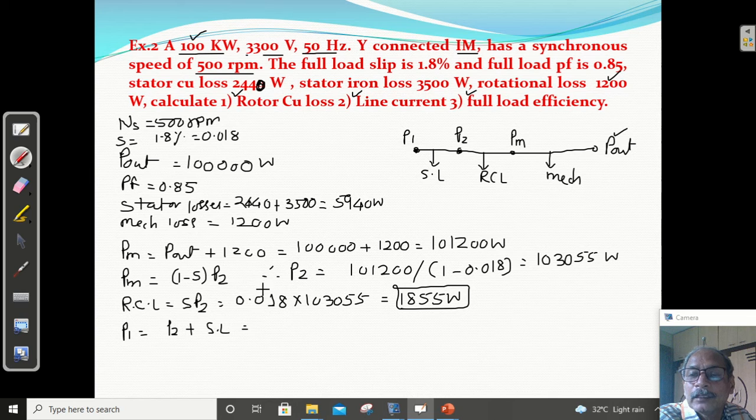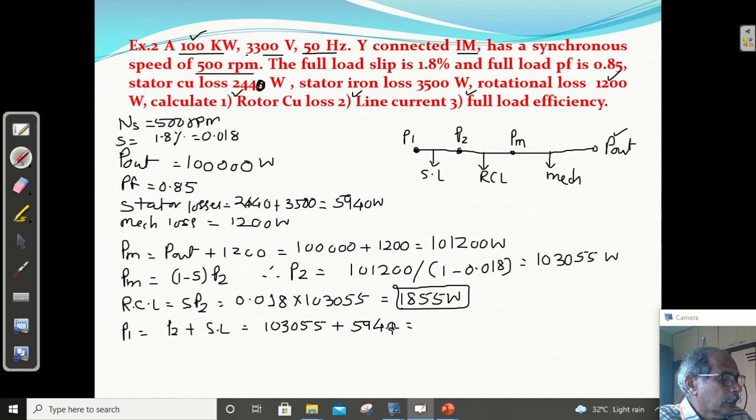What is the value of P2? P2 we have, this is P2. 103055 plus stator losses 5940.